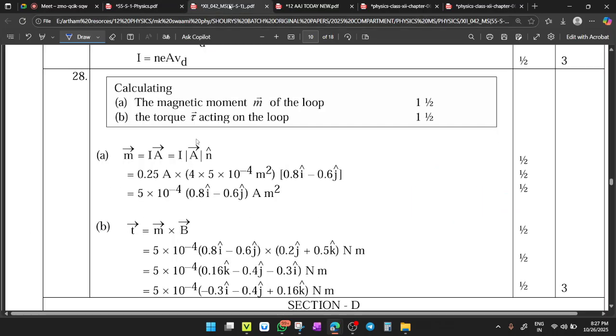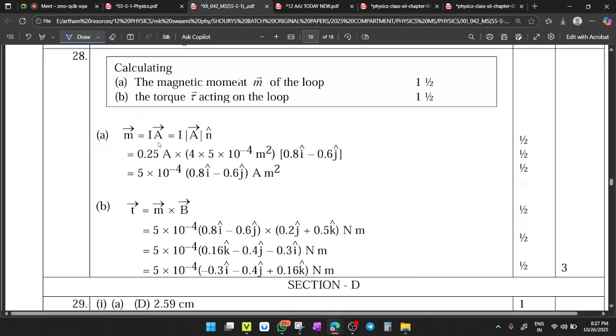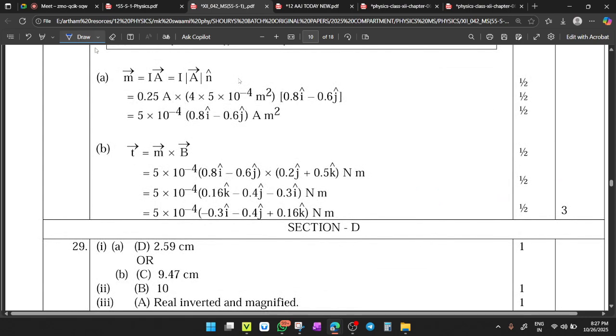To apply the formula, m equals I times vector a. So magnetic moment equals I times vector a. Now you have to put the vector form of the area in terms of a vector.